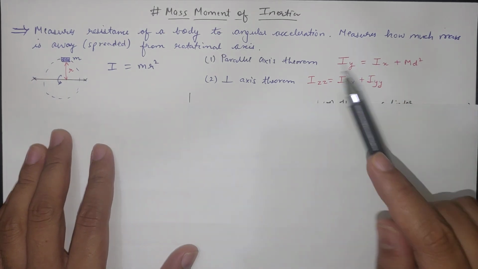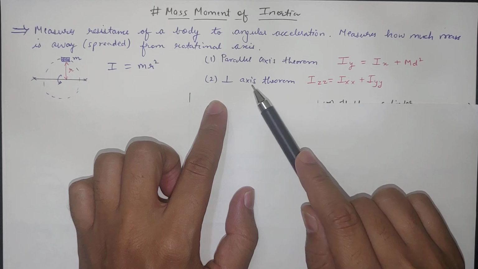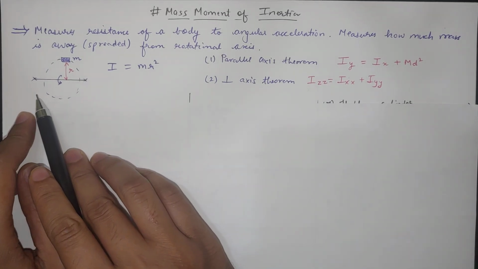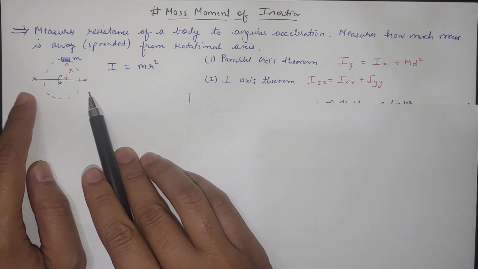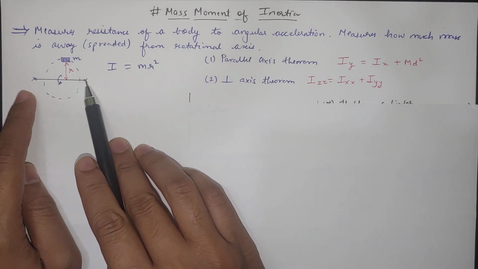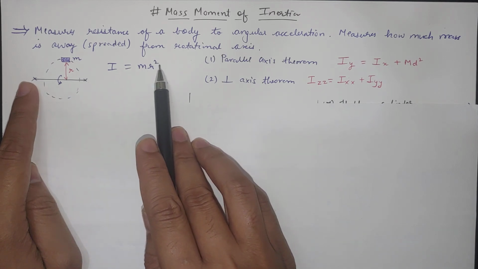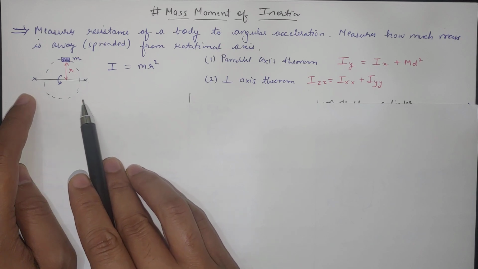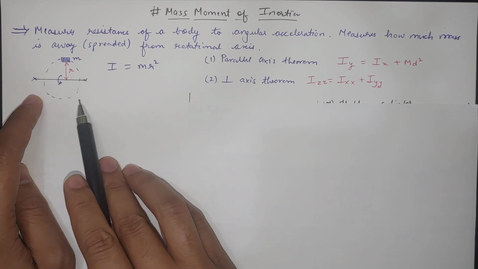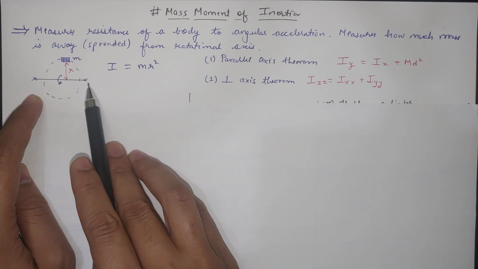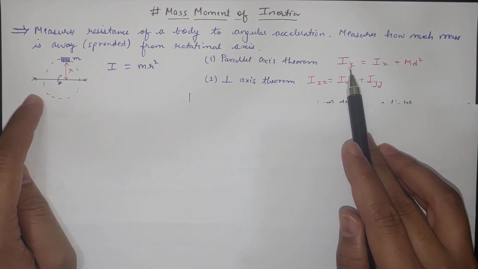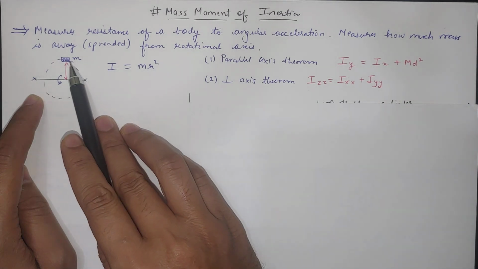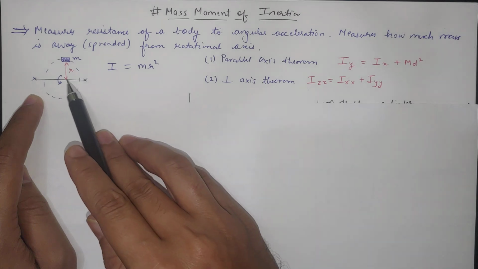Now there are two theorems, the parallel axis theorem and the perpendicular axis theorem. In the parallel axis theorem, if you know the inertia for one axis, let's say you know Ixx here, which is mr square, and you want to calculate inertia for another axis at a distance d from this axis, you can simply calculate Iy equal to Ix, which you already know, plus the mass of this object times the distance square between these two axes.